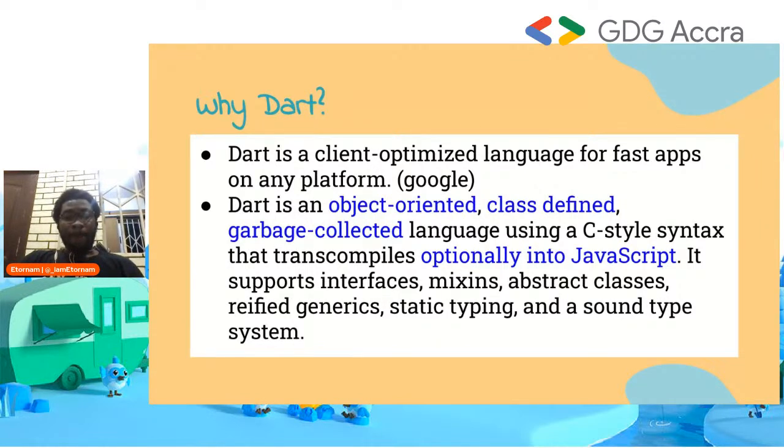And looking at a more technical definition, that is an object-oriented, class-defined, garbage-collected language using C style syntax that transcompiles optionally to JavaScript. So basically, if you look at that syntax, and if you know C, or if you've seen C code before, you realize that there's a lot of similarities between these two codes, right?